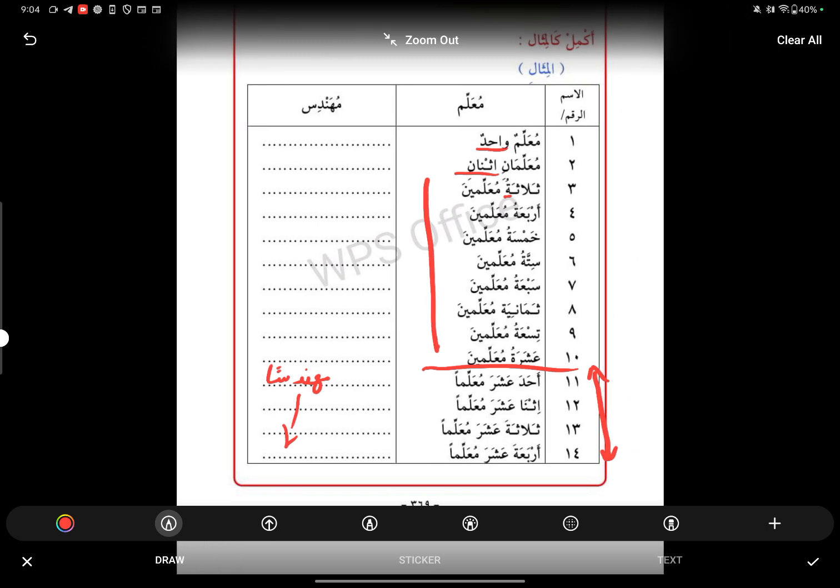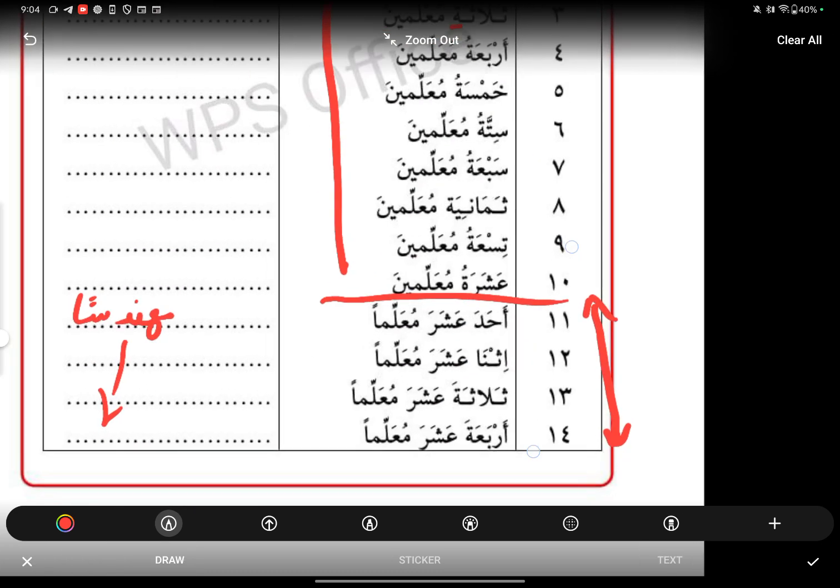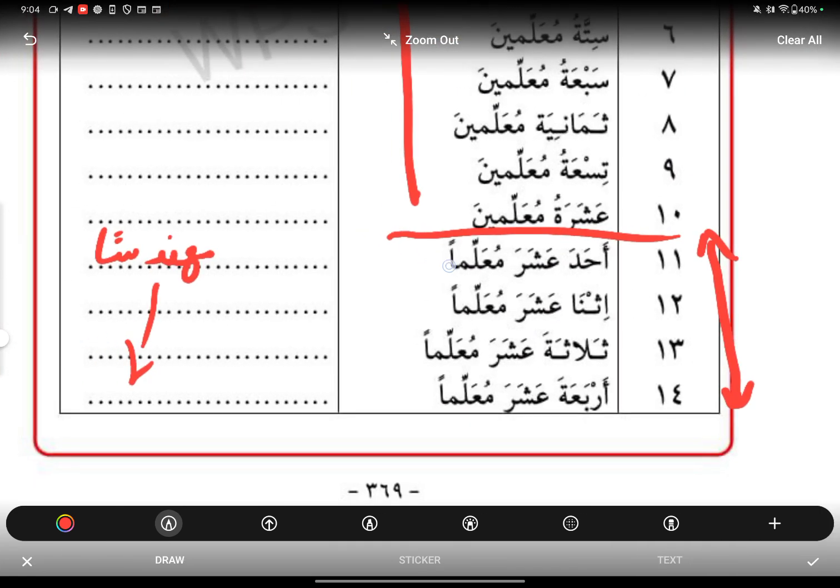Right now we're doing numbers. From the numbers we have, for example, the first one here, mu'allim wahid, mu'alliman ithnan, as you can see for these first two. And from 3 to 10, we use the word mu'allimin, we use plural here. But from 11, it changes to the word mu'alliman, as you can see here.